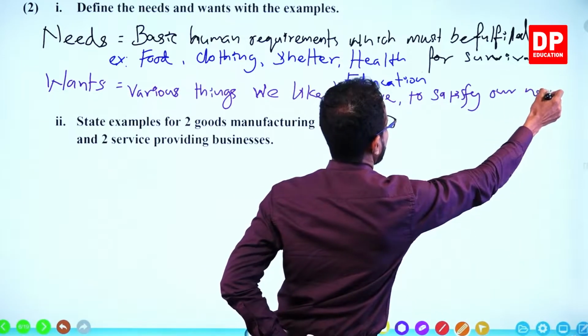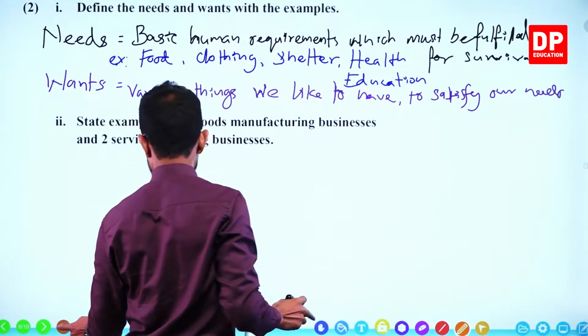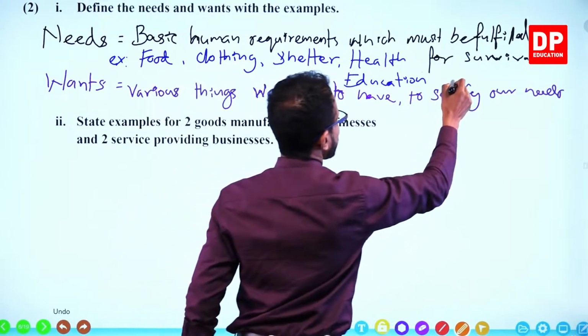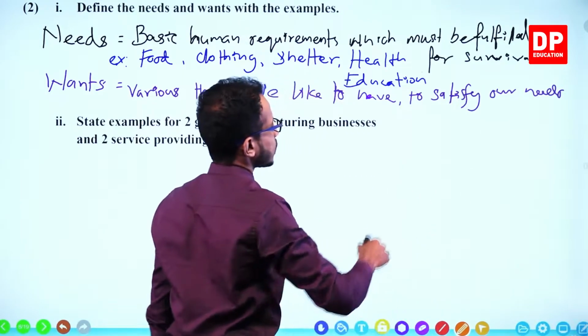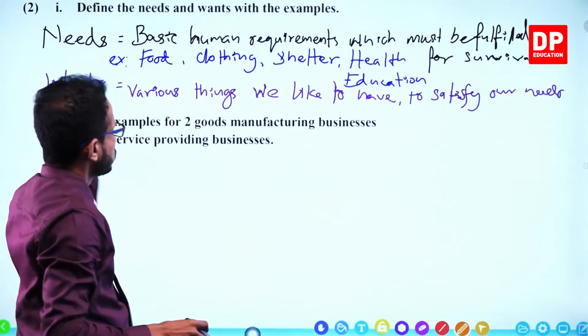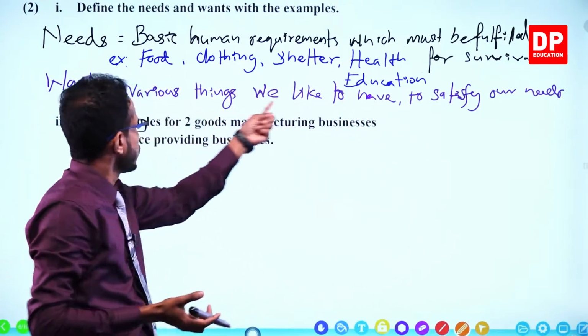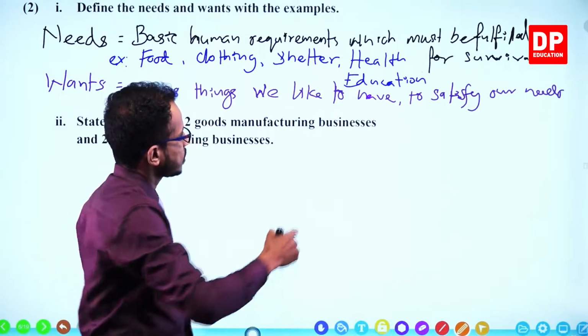Okay, I'm going to make it quick, so don't expect nice, fancy handwriting. You can read, right? You see it. Various things we like to have to satisfy our needs.